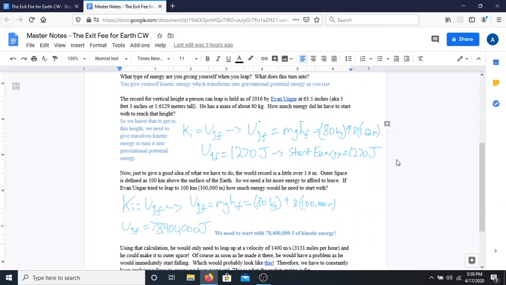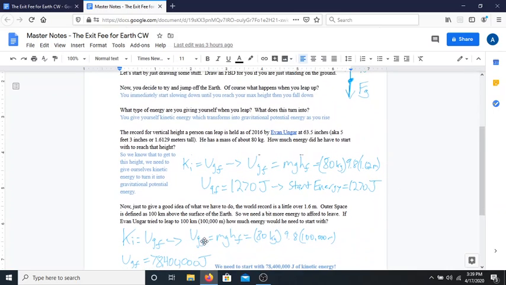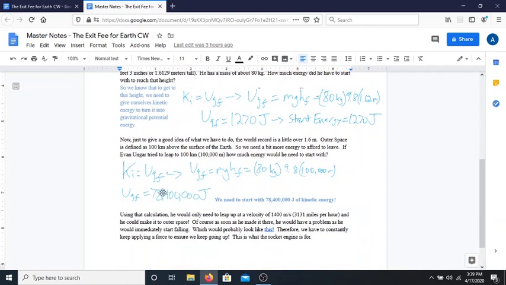All right, so the exact same process we went through previously. We know that to get to this new height, he's got to pay some energy, and in this case, he's starting with kinetic energy. It's all turning to gravitational potential, just like before. So this time, we're solving for the gravitational potential energy of Evan if he was 100,000 meters above the surface of the Earth. Unsurprisingly, it's a lot more. So still the same mass, still the same gravity field.